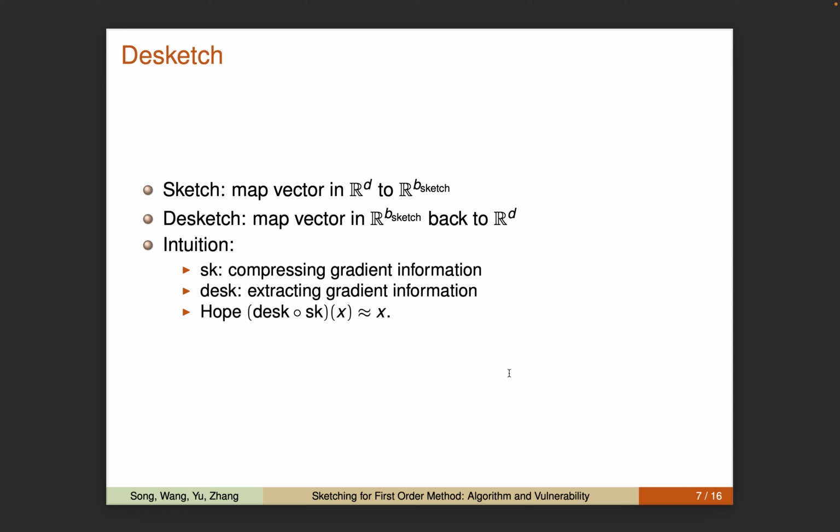The intuition is that the sketching operator compresses the gradient information, and the DSketch operator extracts the gradient information by decompressing the compressed vector. The hope is that if we compose the DSketch operator with the sketching operator, the result is very close to the vector without any compression and sketching.